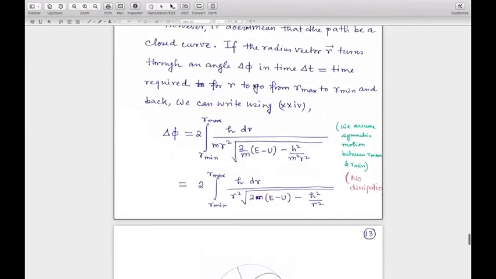So if we just say that for one full trip, the angle subtended by the position vector is delta phi, then this will be 2 times integration from r mean to r max h dr by m r square root over 2 by m e minus u minus h square by m square r square, or by simplifying, you simply write 2 times integration h dr by r square root over 2m e minus u minus h square by r square.